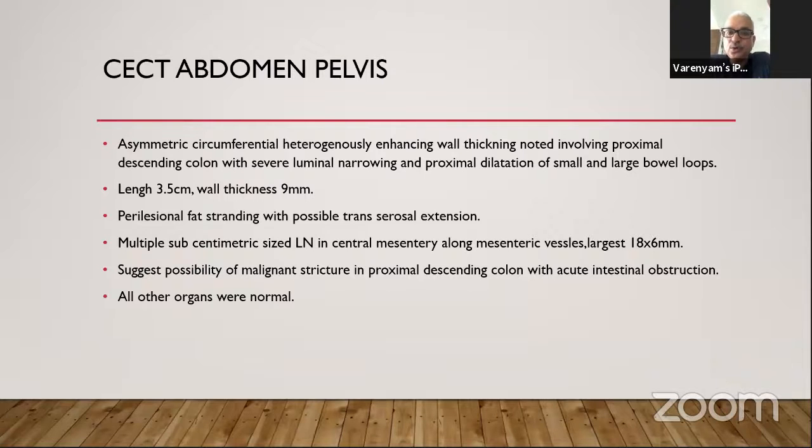But due to obstruction, your scope will not be negotiated. In that case, you have two options. One is to resect it and leave a stoma to assess the colon at a later stage, or you do intraoperative colonoscopy. Exactly. That's what I was thinking, because the growth is constricting, the scope will not go beyond that, so it is difficult to assess the whole colon.